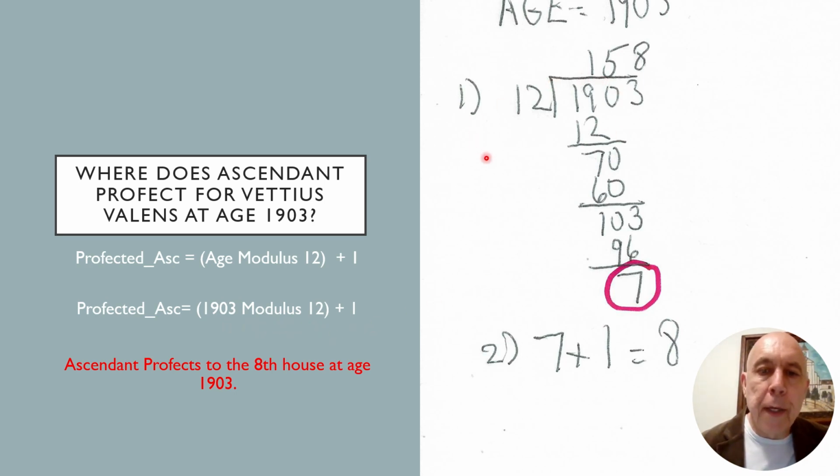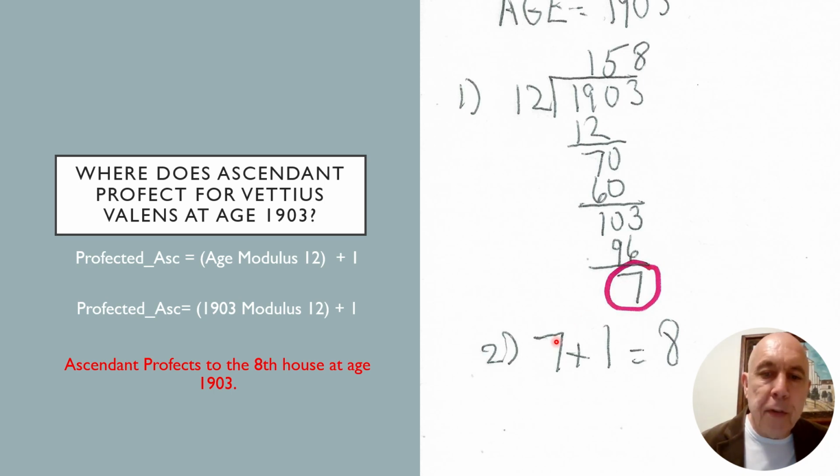So we go over here, we divide 1,903 by 12, and our remainder is 7. And remember, that's all we care about. We don't care about the 158. We only care about the 7.